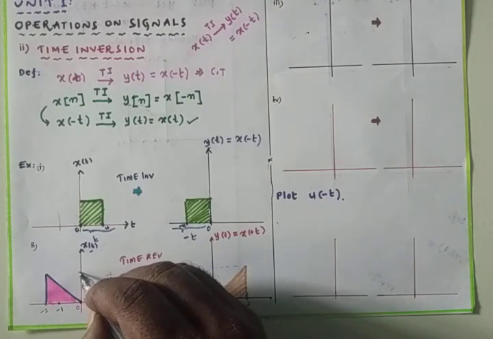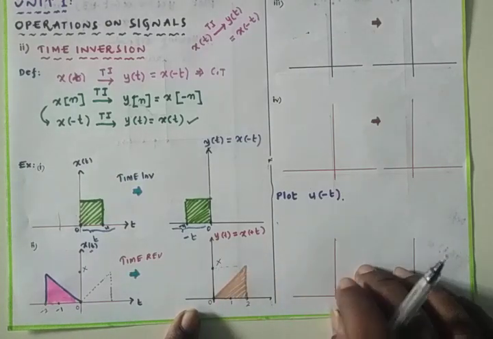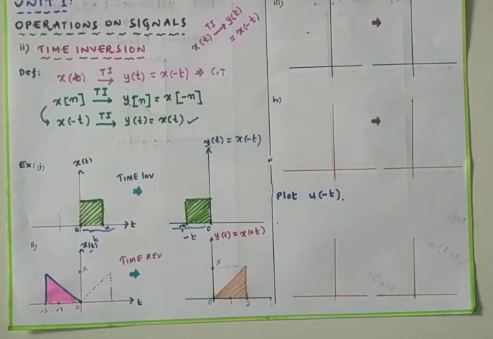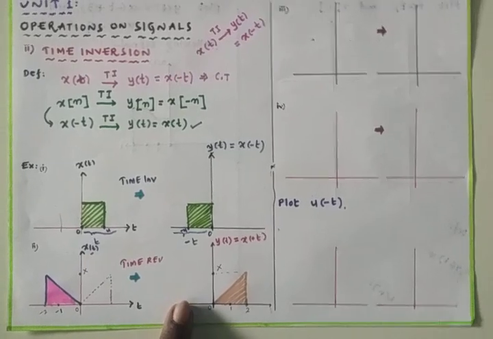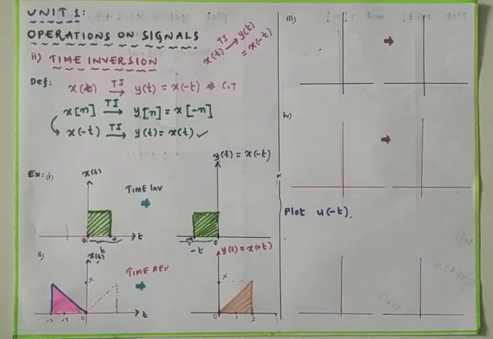Let the amplitude of this signal be x, and here also the amplitude remains the same. This type of operation is named time scaling operation. Then I'll go with one more example, so that every doubt will be cleared.